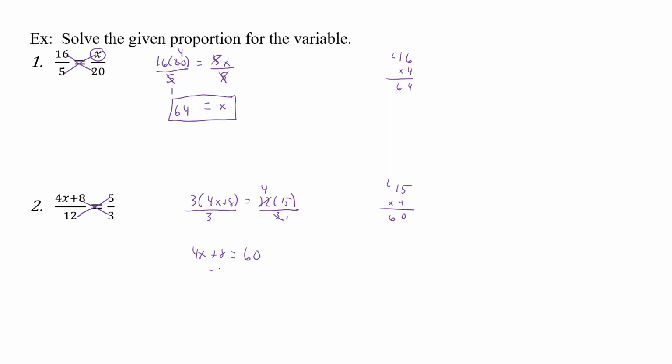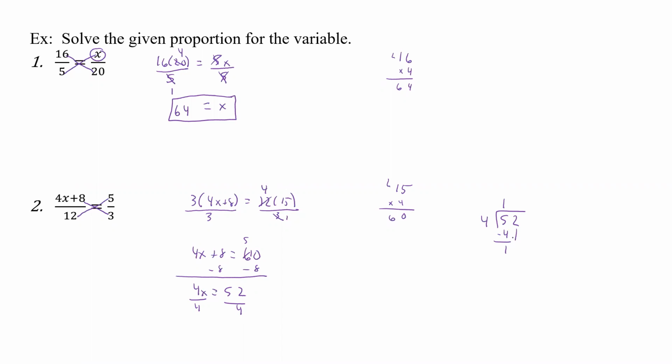So now let's subtract our 8. Those cancel. We get 4x equals, well, if we need to borrow here, that's going to be 52. Now we divide by 4, and this one we have to actually do our long division. That goes in there once. That's a 4.